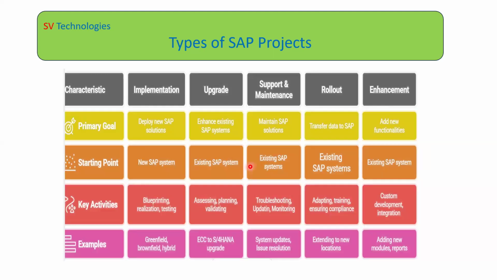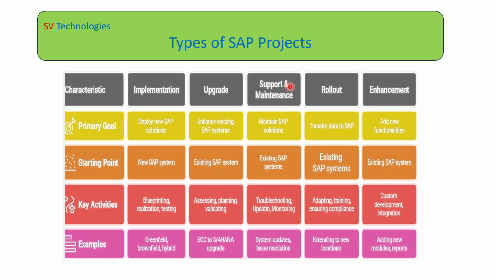Okay. And coming to the next type of project, support and maintenance. This is nothing but the client has already implemented SAP, and day to day they will use the SAP system for their business transactions.